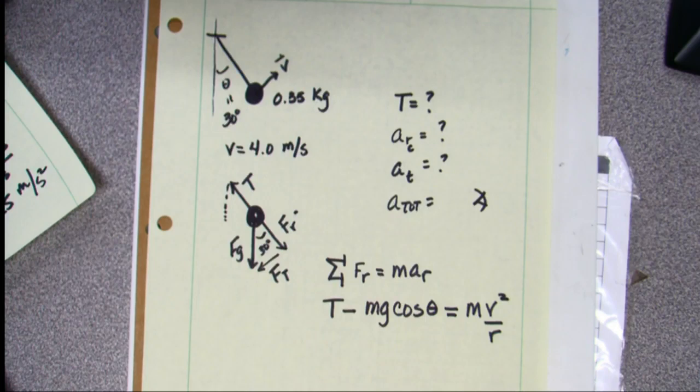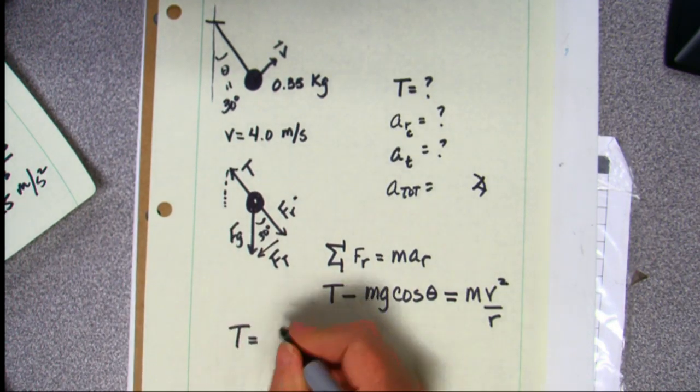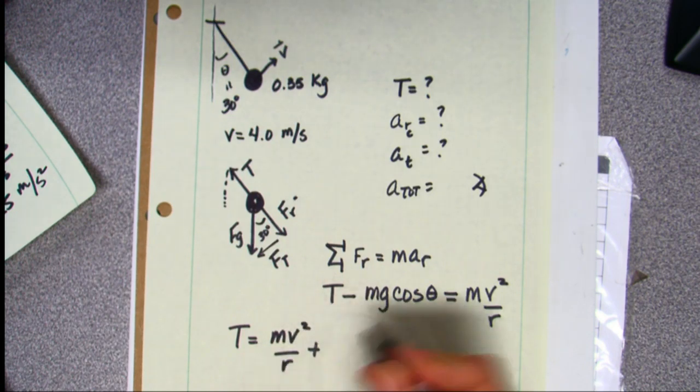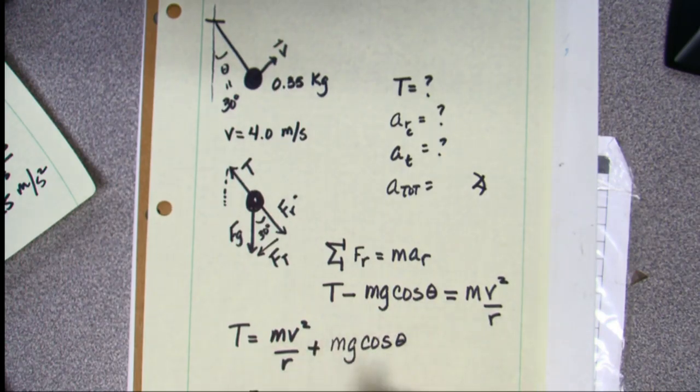Since I know mass, I know gravity, I know velocity, I know radius, I can solve. So tension is going to be mv squared over r plus mg cosine of the angle. I can plug in my numbers.